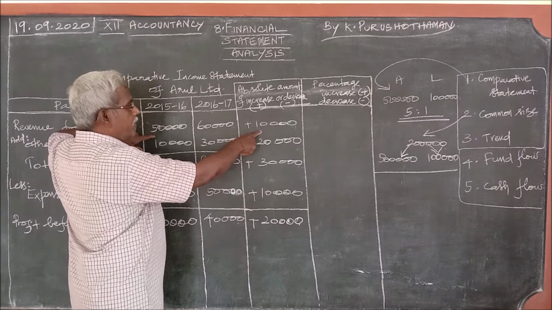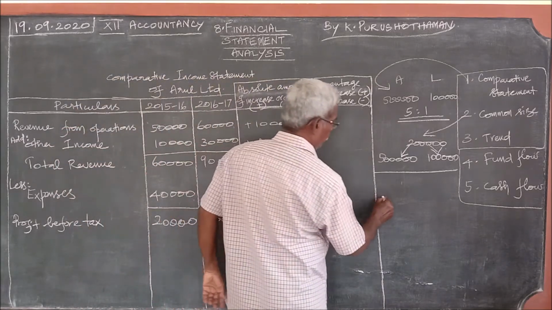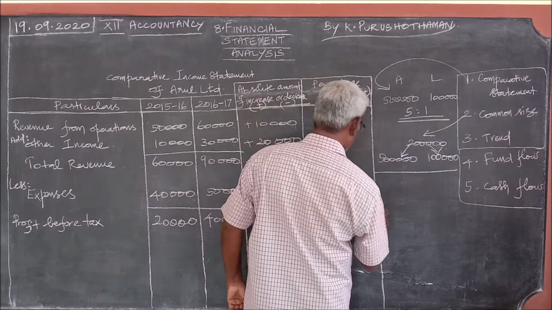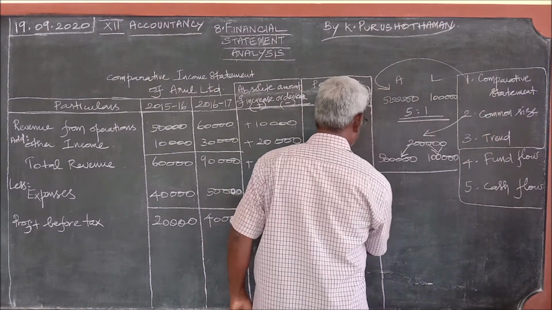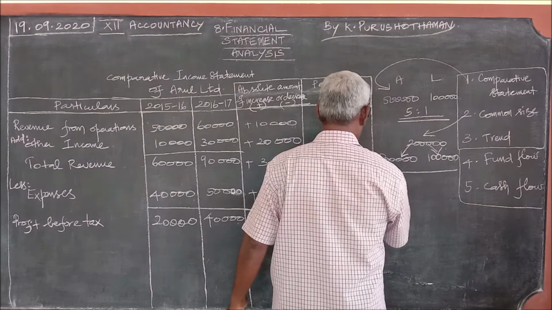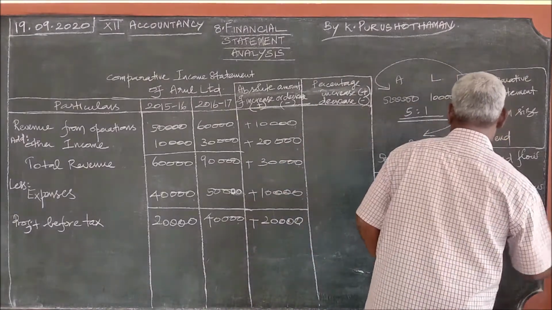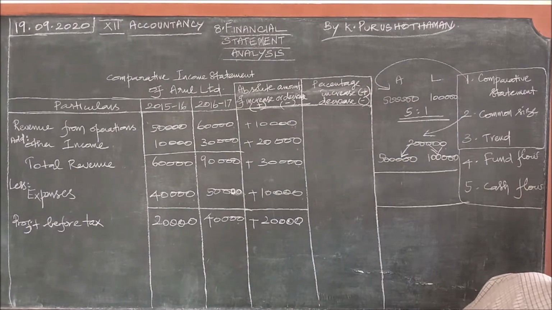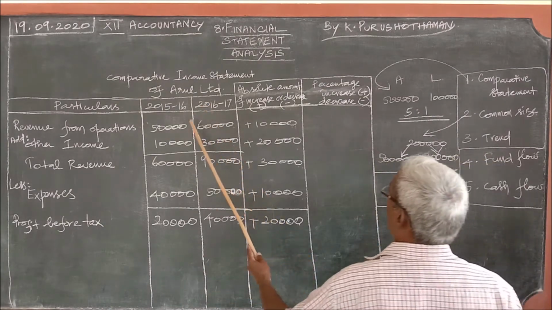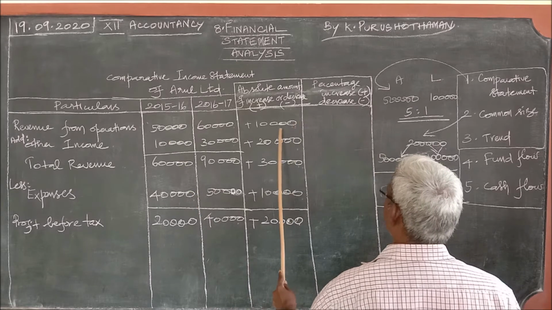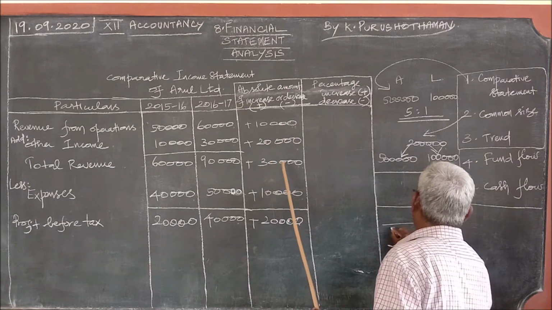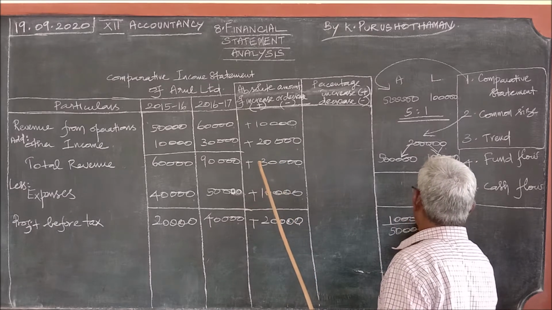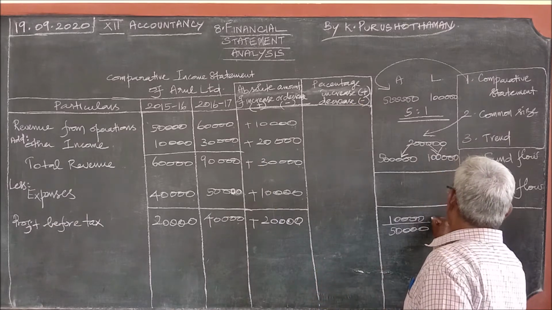Listen. There are five cases here. In the first case, for 50,000, the increase is 10,000. Since it is for percentage, for 100, how much?